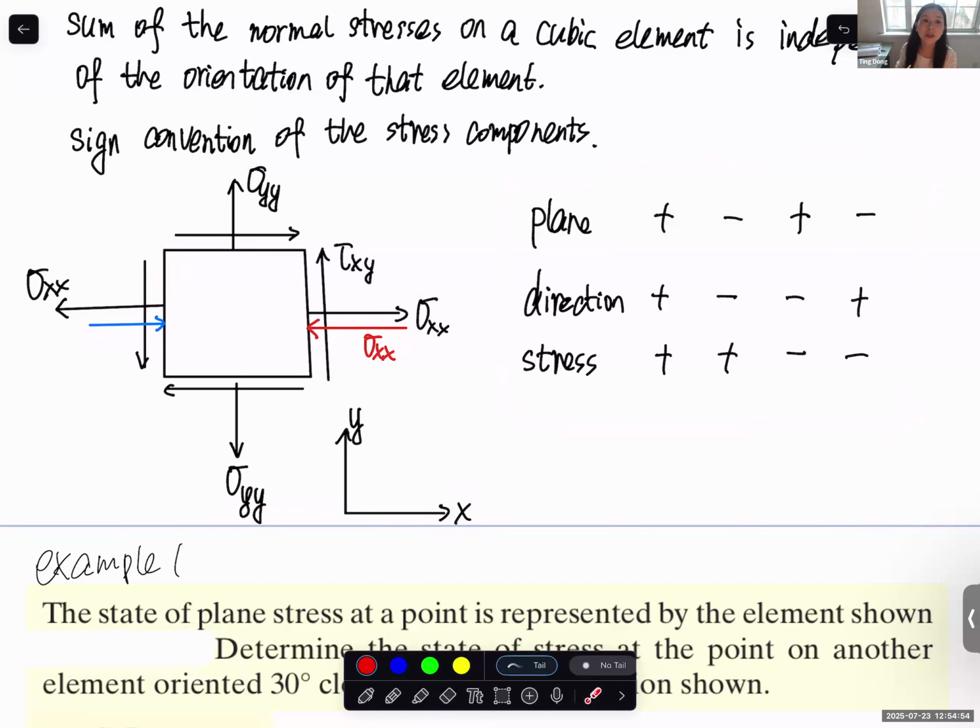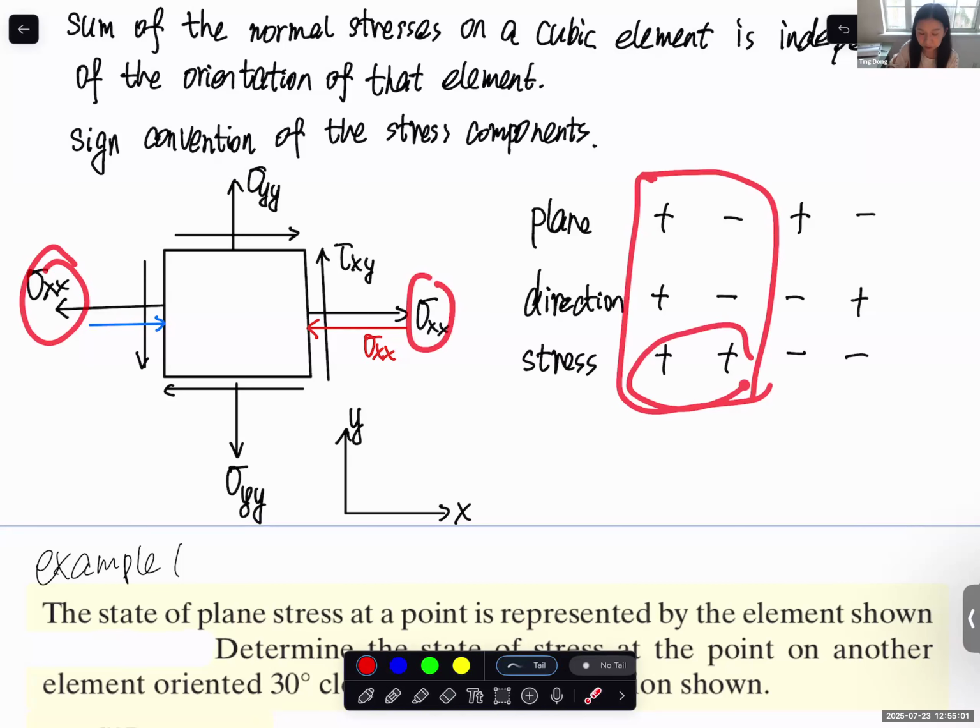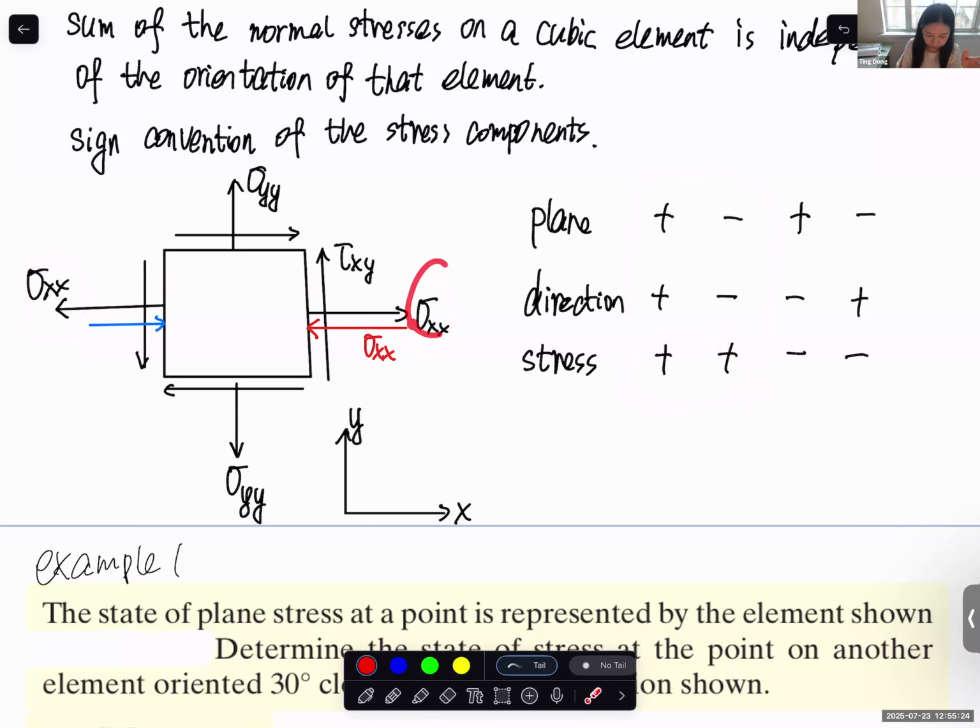And of course, this does not contradict with what we learned before. As you can see here, we analyze these two, we get a positive stress component, and we also said before, anything that is in tension, no matter its stress component, internal force, elongation, strain, they all should be positive. So of course you can use this sign convention to determine the positive and negative sign, or you can just easily use that these two will generate tensile stress.